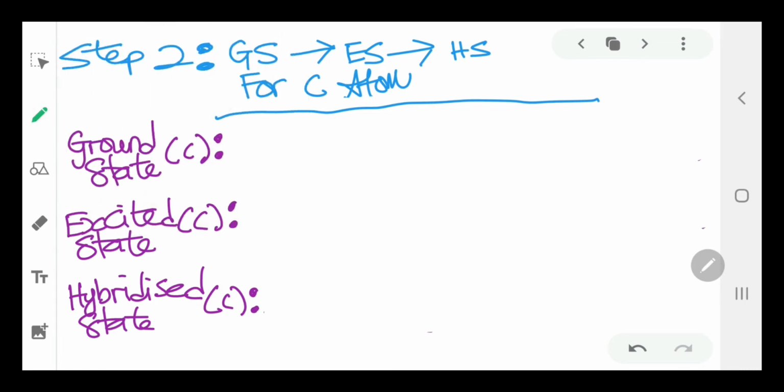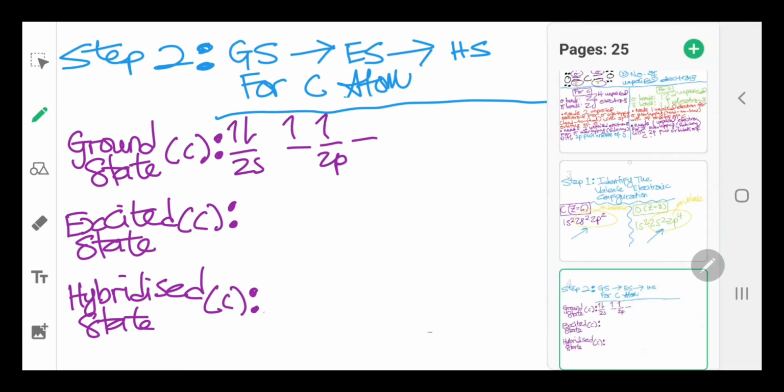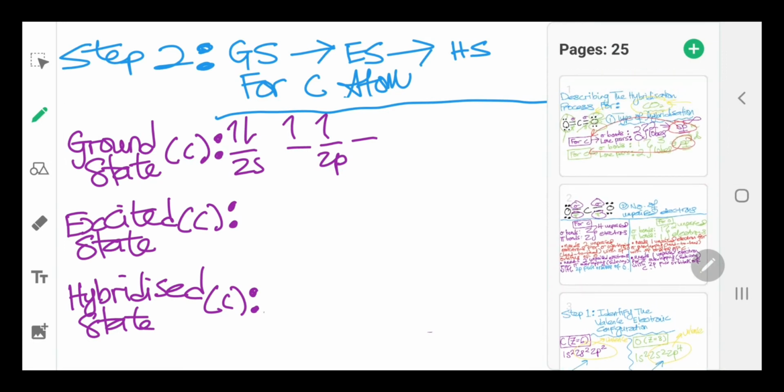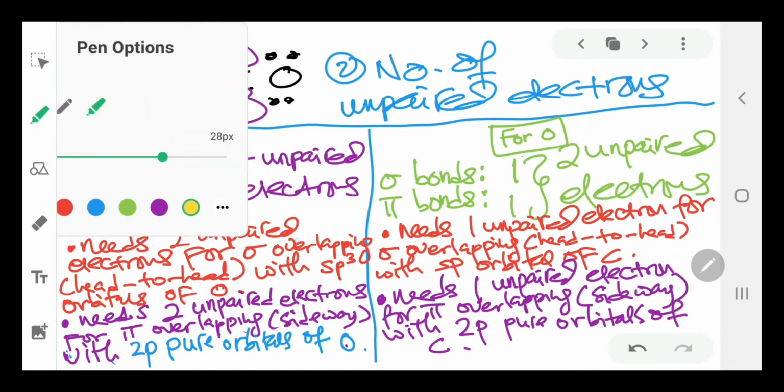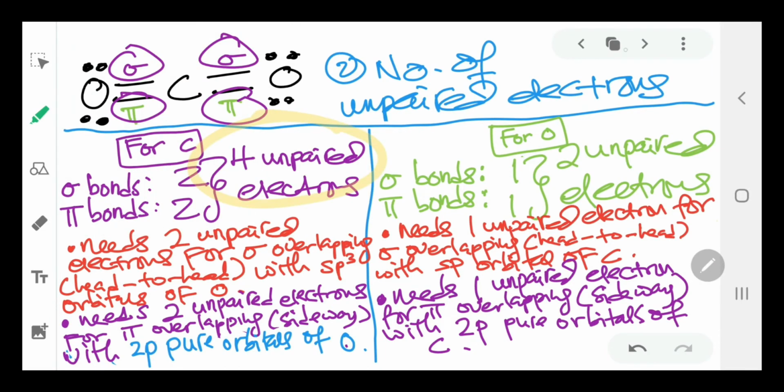So remember, we need to use the valence electronic configuration for this. We have 2s over here, and then we have 2p right over there. So that is the ground state valence electronic configuration for carbon. As you can see, it has only 2 unpaired electrons, but we have identified just now it needs 4 unpaired electrons.